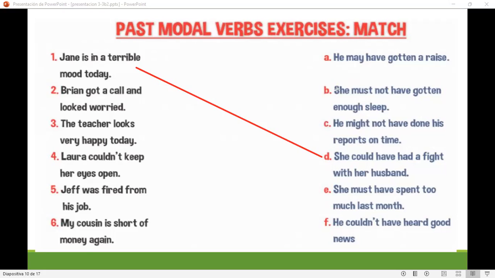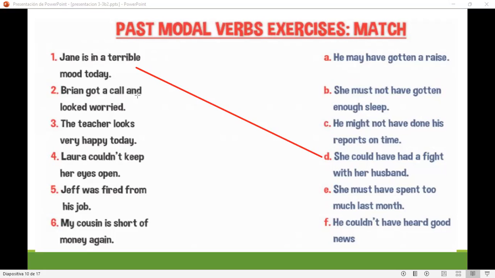Which one do you think? Letter C. He might not have done his report on time. Okay, but reports are about his job.